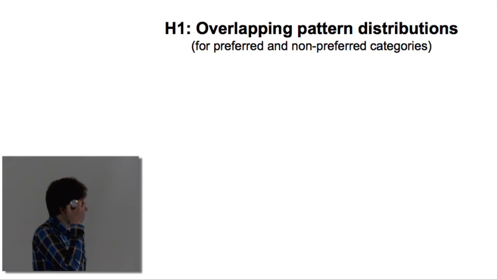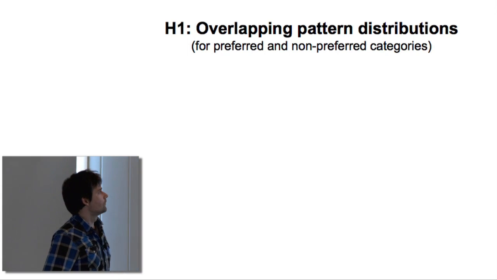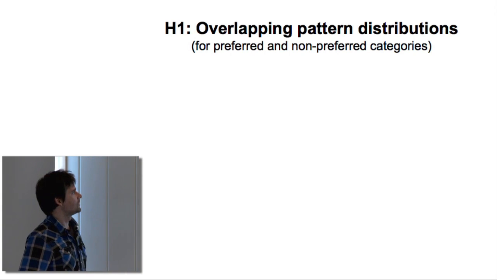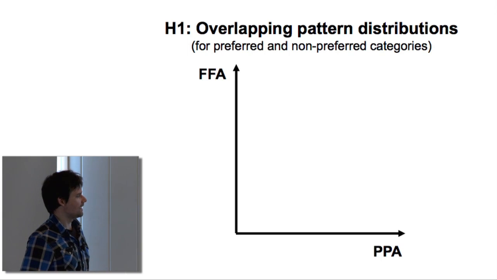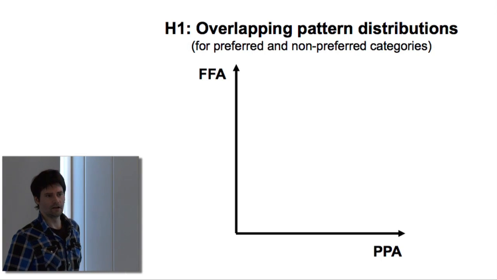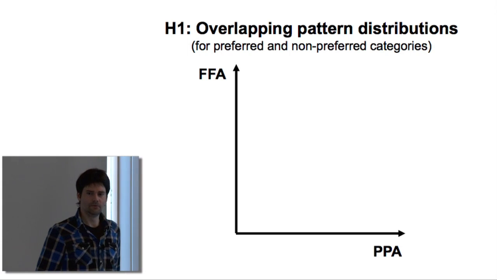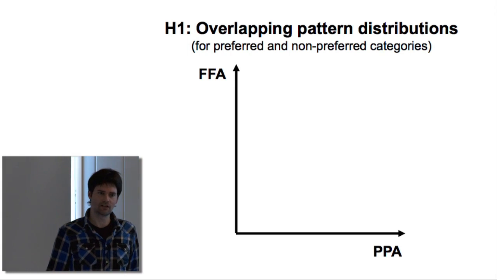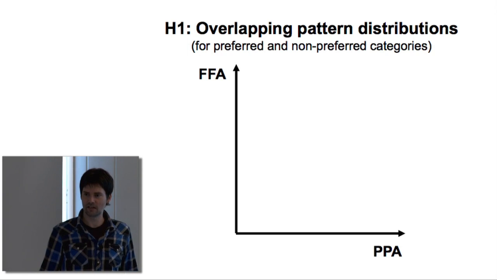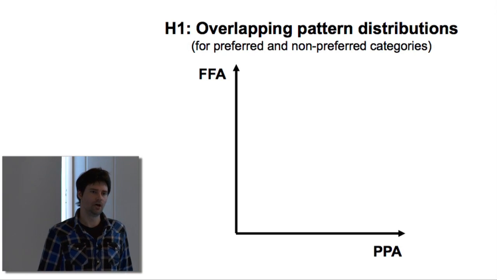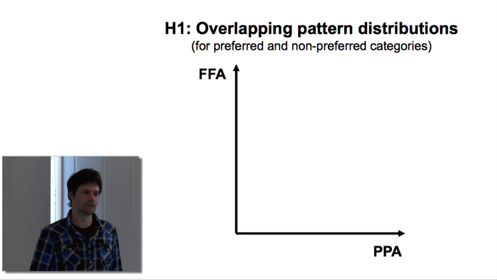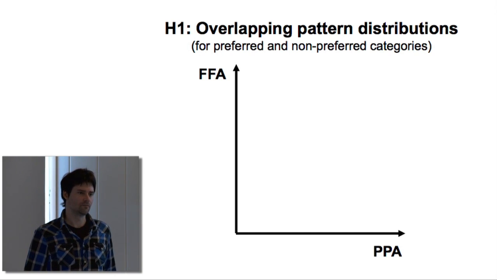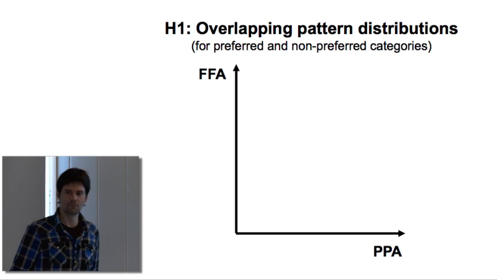So we could have a number of hypotheses. The first one is that there are overlapping pattern distributions when we look at FFA and PPA activation. Now this is an activation-based study, so we're looking at the average activation in those regions, as in the classical approach. But the assumption that we're dropping is that we're not predefining the categories, and we're looking at single image responses.